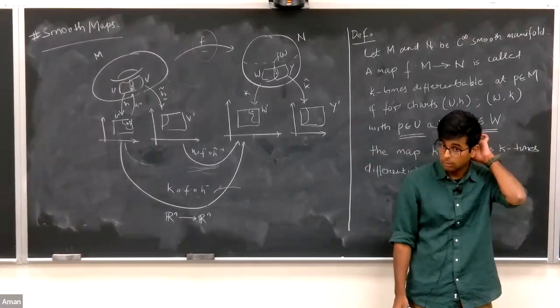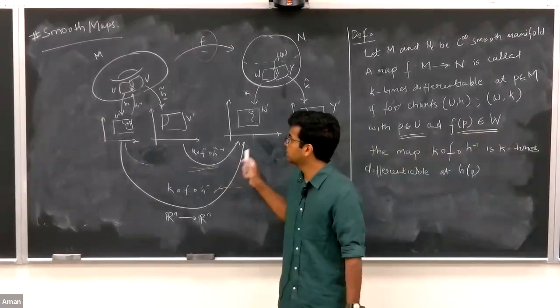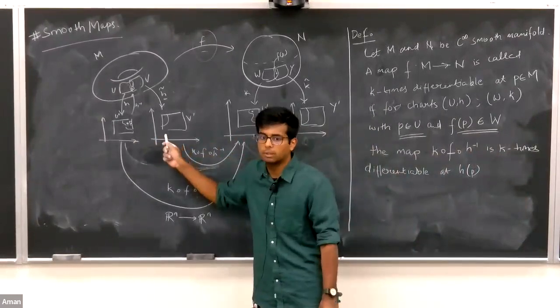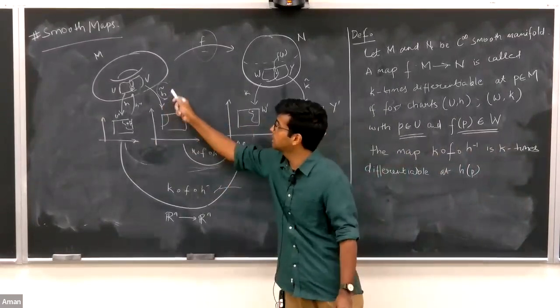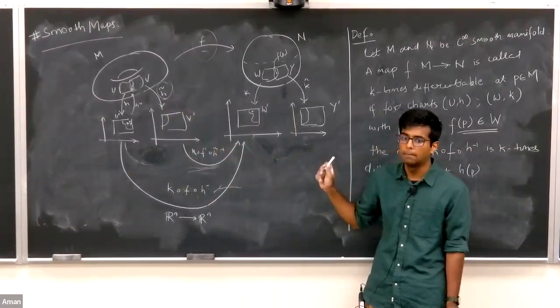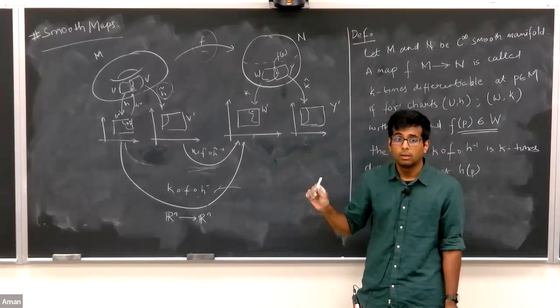Once you establish that one of these transition maps between one manifold and another manifold is differentiable, you can change the coordinate system and do the same thing via another coordinate map like H tilde, and that would also be differentiable. So that was the overall point in drawing the rest of it.